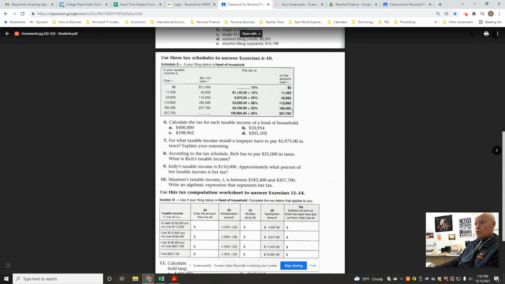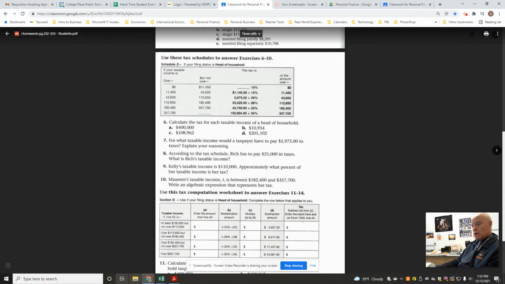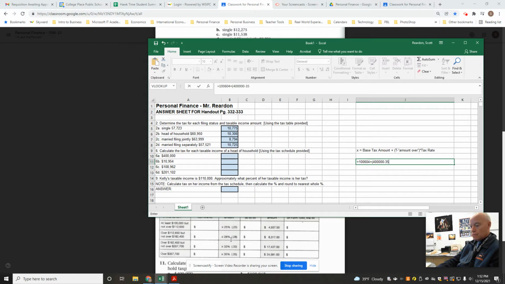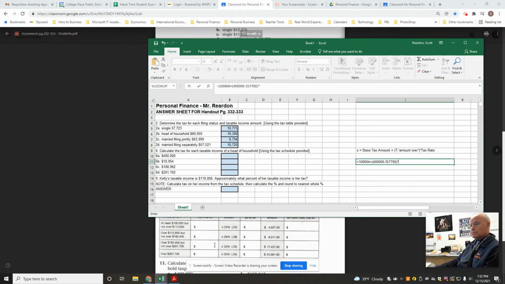The amount over is on the far right; I'm only being taxed at 35% on the amount over 357,700, times my tax rate. I'm in the 35% bracket. In Excel, I can say 35% or 0.35, it's the same thing.